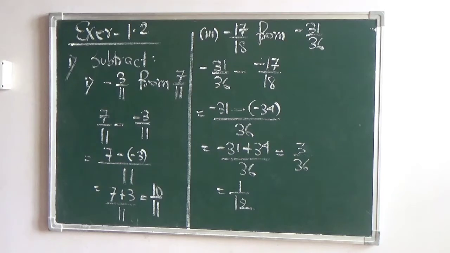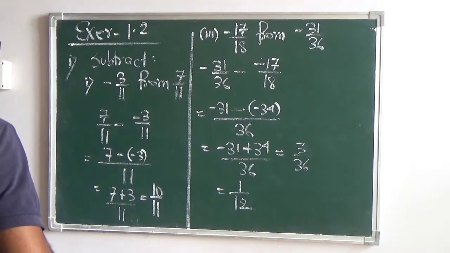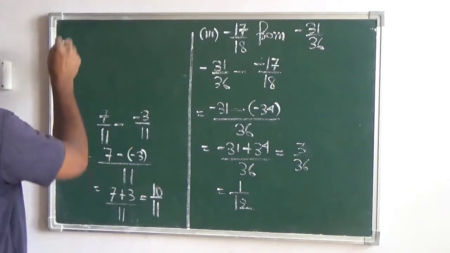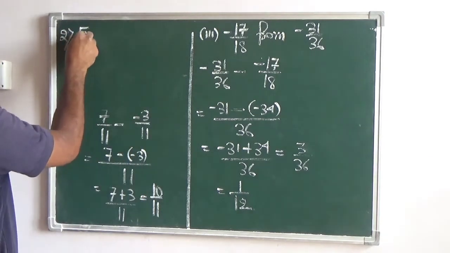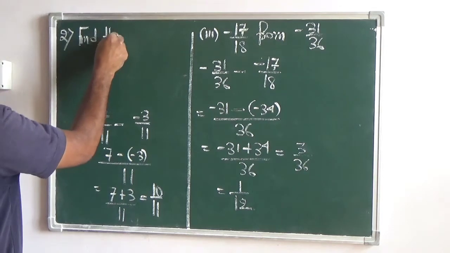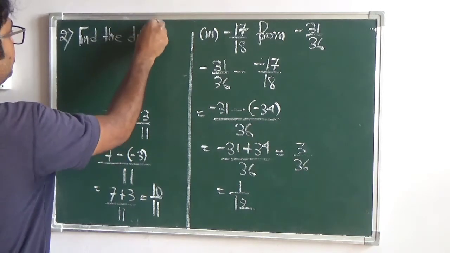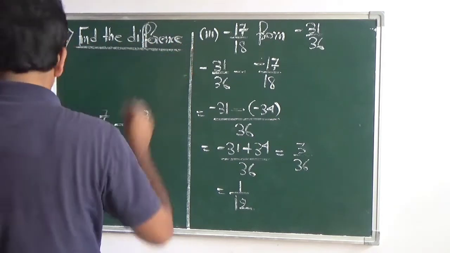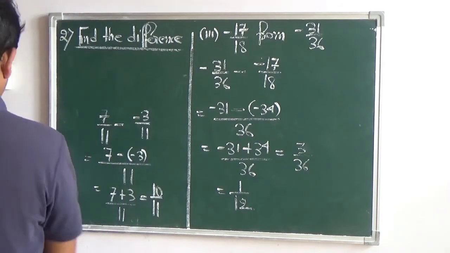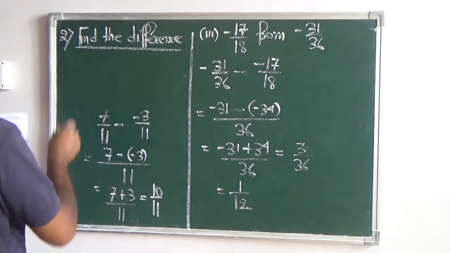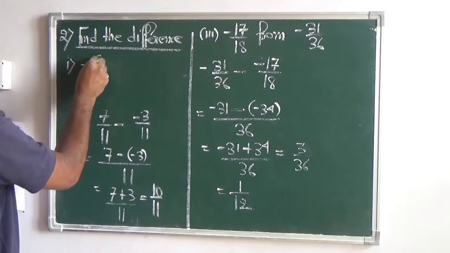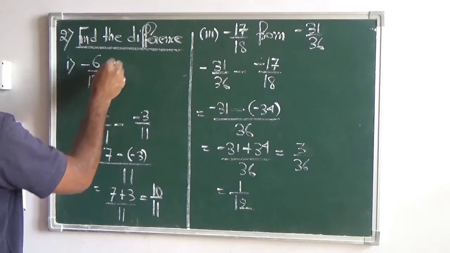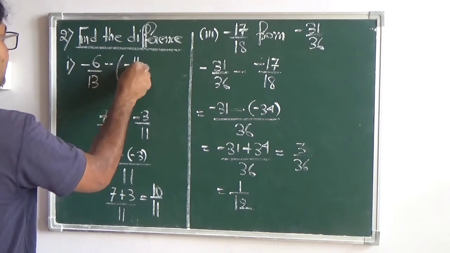Now moving on to question number 2. Find the difference. So the question, I take the first one as minus 6 by 13 minus of minus 11 by 13.